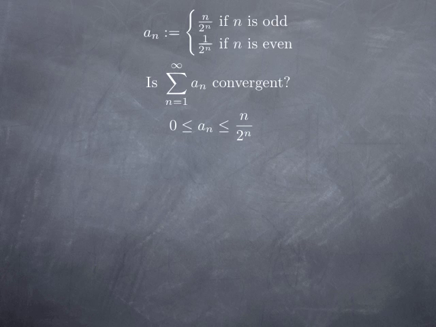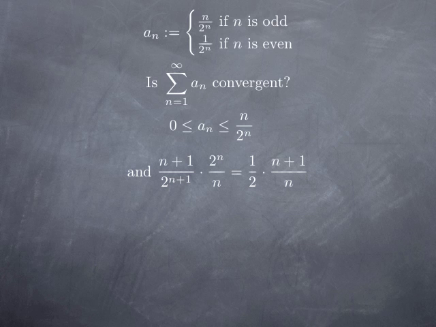And for that one, the ratio test is helpful, because if I take the quotient of two consecutive terms, I get n plus 1 over 2 to the n plus 1, multiplied by the reciprocal of the term for n, which is 2 to the n over n. 2 to the n over 2 to the n plus 1 simplifies with just a 2 at the bottom.